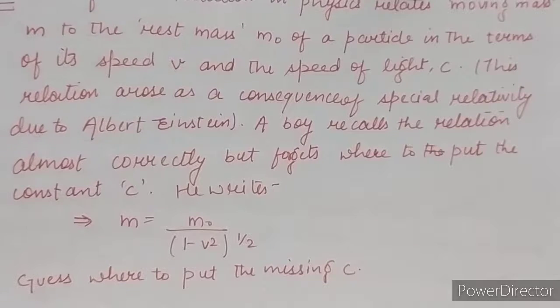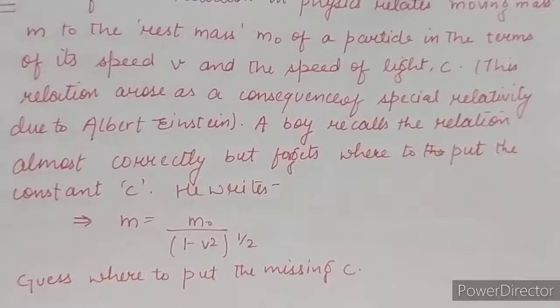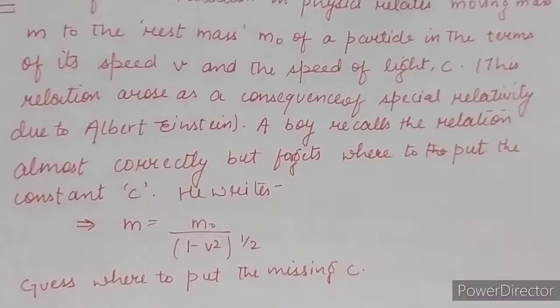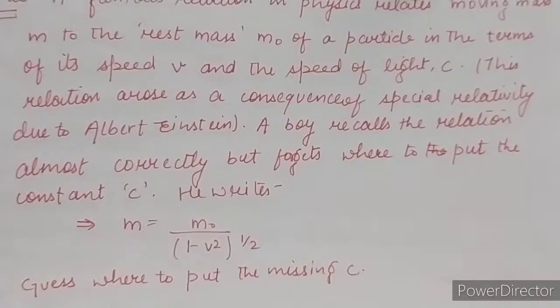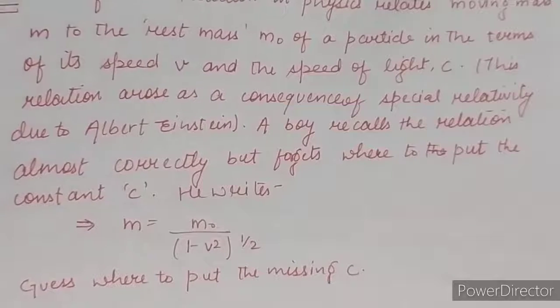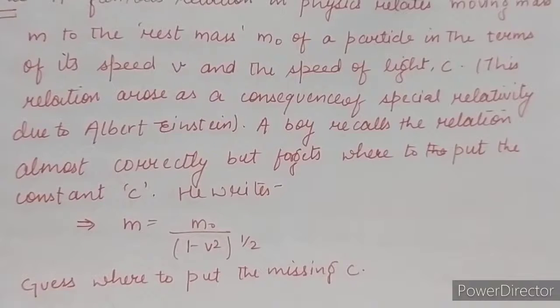In the first one you have to check which of the given 5 options matches the dimensional formula of energy, that is m1 L2 T minus 2, and in this one you have to guess where the constant c, the speed of light, has been missed in the equation written by a boy, which is almost correct.